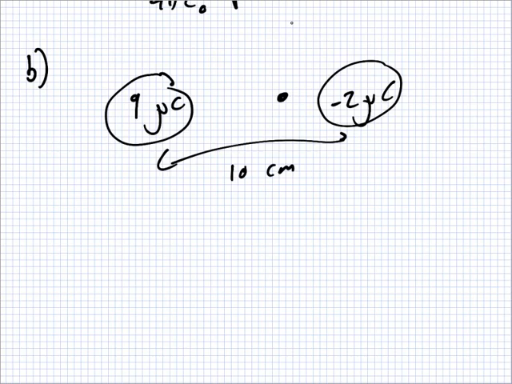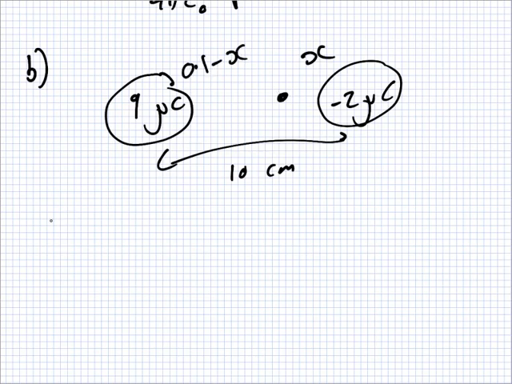Yeah, I'd say it'd be something like this. I'll call the smaller one x, and the other 0.1 minus x.